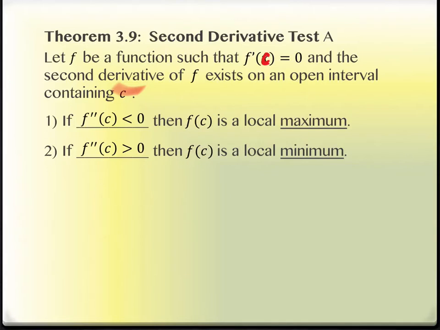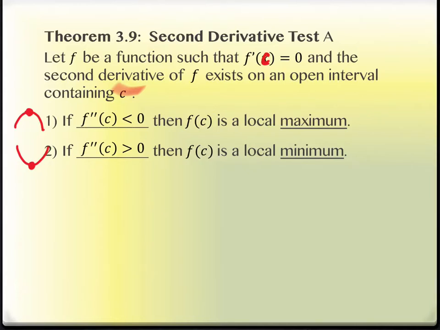So remember, negative means it's opening downwards, and positive means it's opening upwards. But we also know, because c is a critical point, that its derivative is 0. So we're finding whether it's a max or a min at that location, because we're talking about this specific point, not just the interval as a whole.